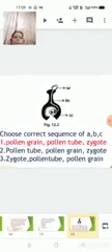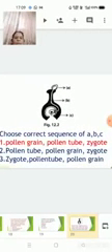Now here you can see a figure that is given, and the figure is labeled A, B and C. You have to choose the correct sequence. They have given you three sequences. First sequence is pollen grain, pollen tube and zygote. That means A is pollen grain, B is pollen tube and C is zygote.